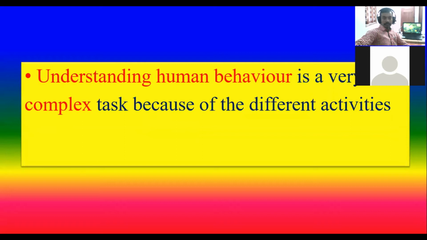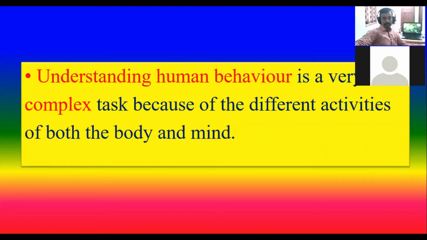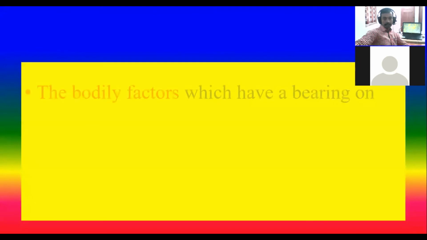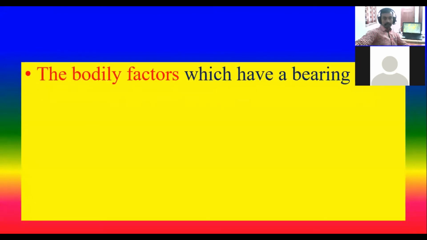Understanding human behavior is very complex, involving different activities of both body and mind. In this unit we are focused on bodily factors, which means biological factors, and how they control behavior.